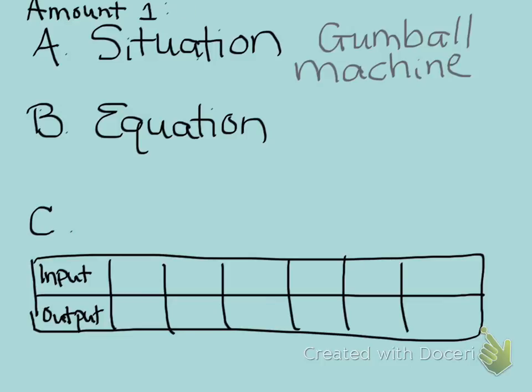I can't write the price right there. So the amount is 25 cents. That's a decimal point. Okay, so 25 cents.